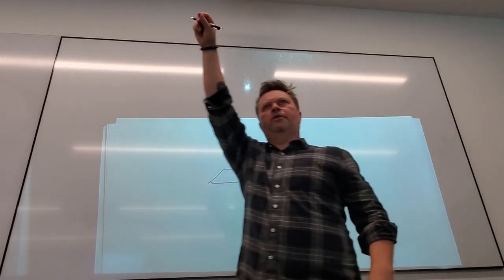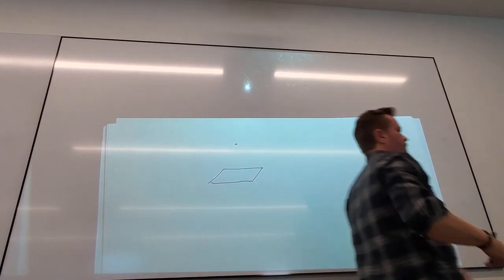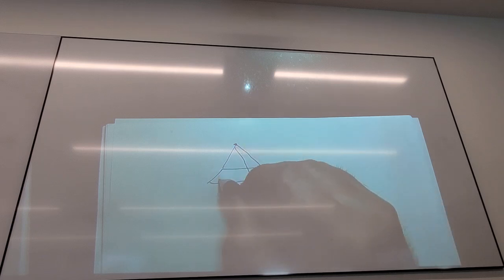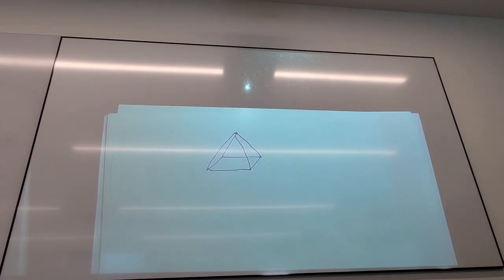It doesn't have to be perfect center, but pick a point hovering over your parallelogram. Take every vertex of your parallelogram and connect it to that point. What have you just made?